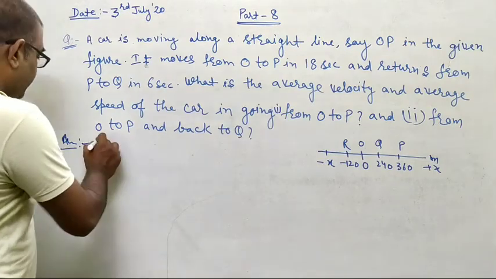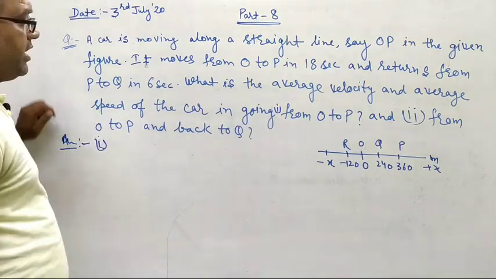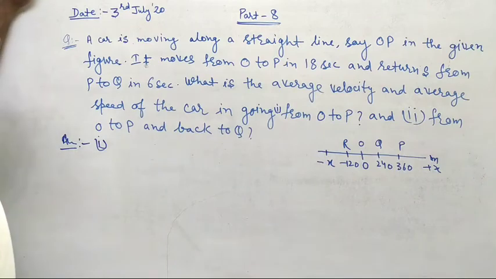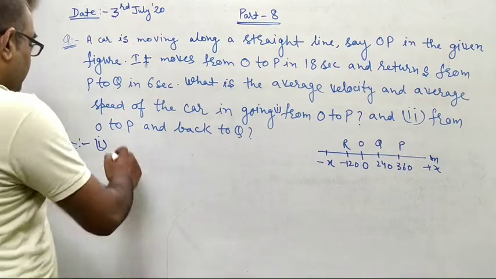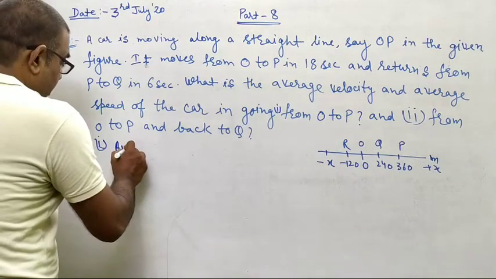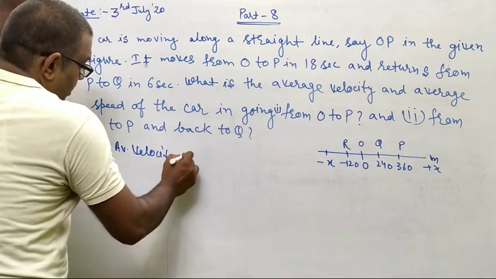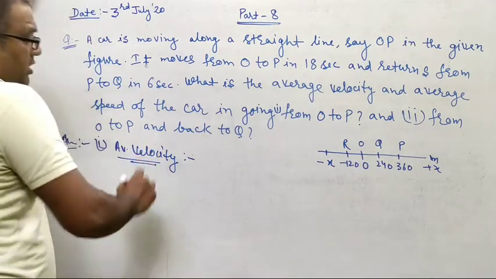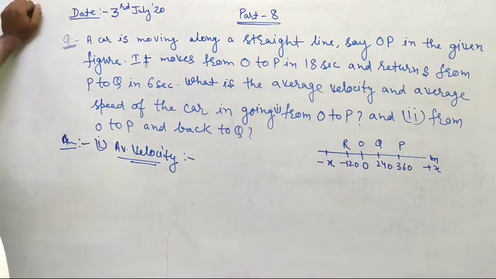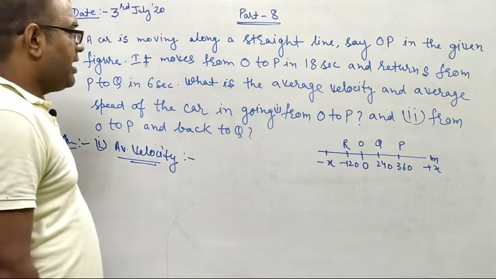First of all we are discussing average velocity. In the first case, average velocity is the net displacement upon time taken.